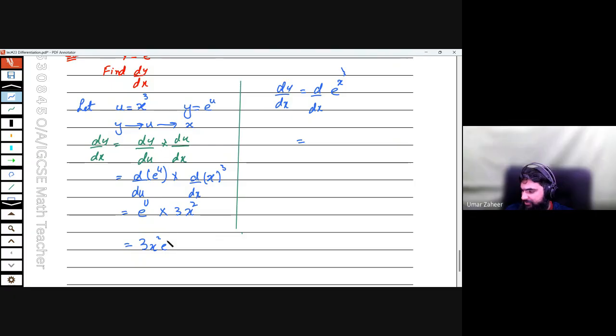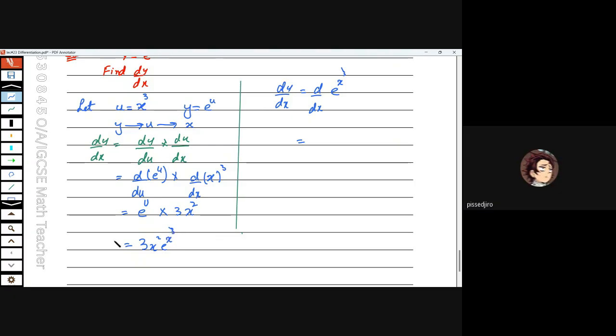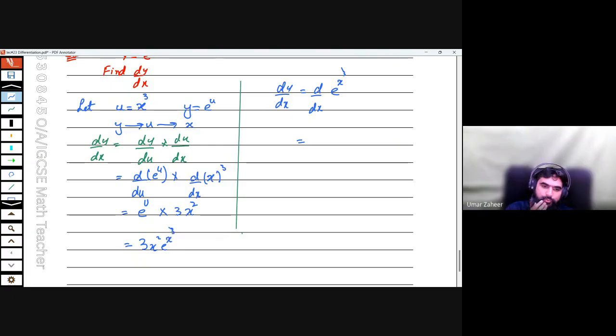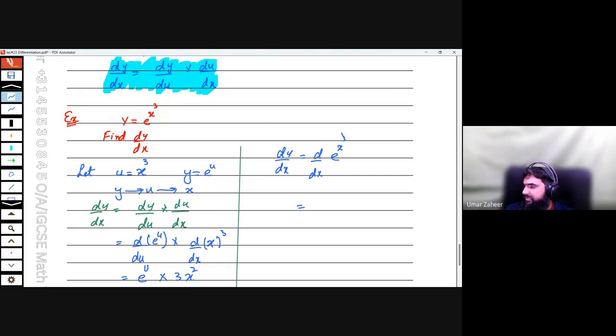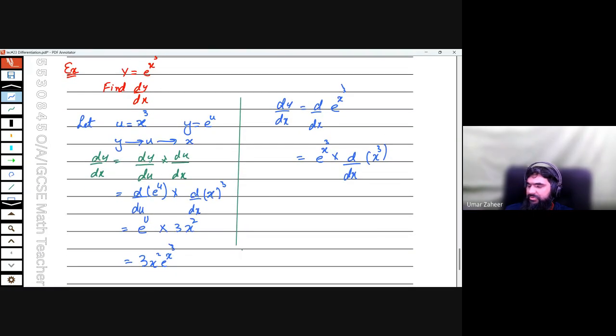That is x cubed. Because actually there is no u. That is our substitution. All right. So e to the x power 3 as it is, multiply by the derivative of the power, whatever you have, right? By using the power rule, is it?